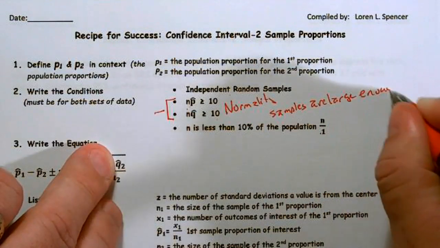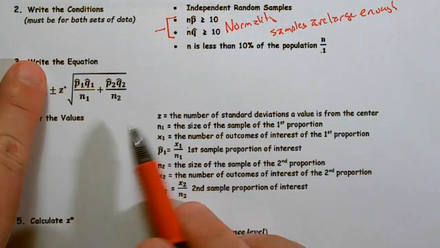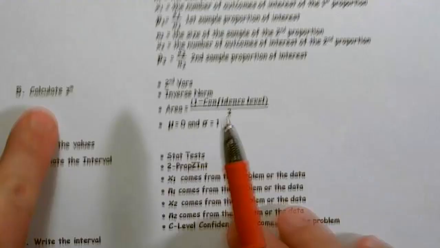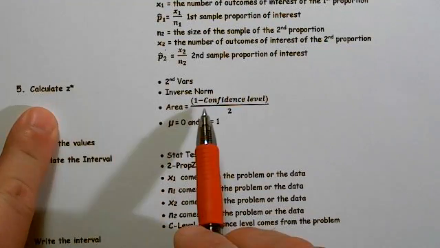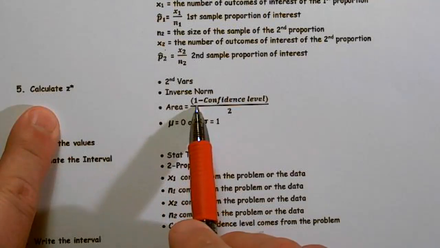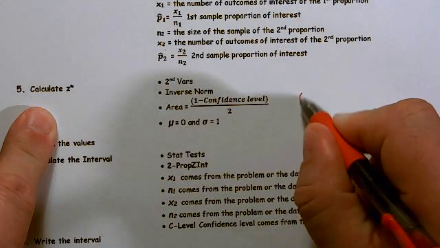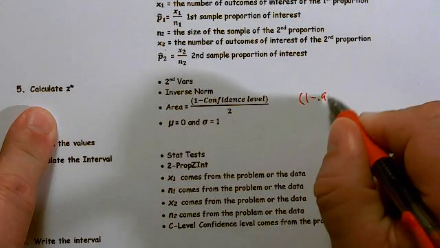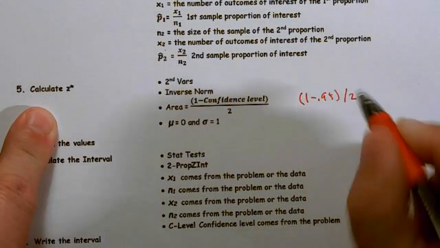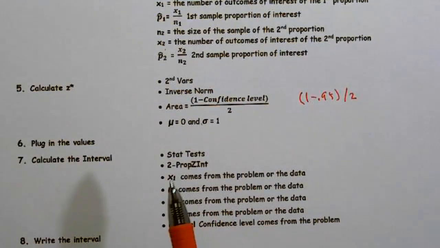We'll write the equation. We'll list all of our values that we're going to plug into the equation. We'll go back and calculate Z star, like we have over and over again. Usually if it's a 95% confidence interval, it's going to be 1 minus 0.95 divided by 2, with a mean of 0 and standard deviation of 1.